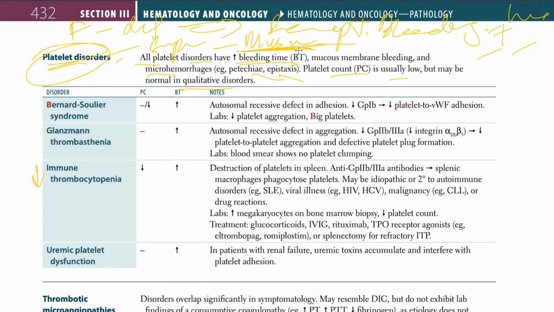Okay, so these are all your mucous membrane bleeding. Second, you're going to have skin bleeding. Here you have the petechiae, the epistaxis, the ecchymosis, the purpuras, and all that.